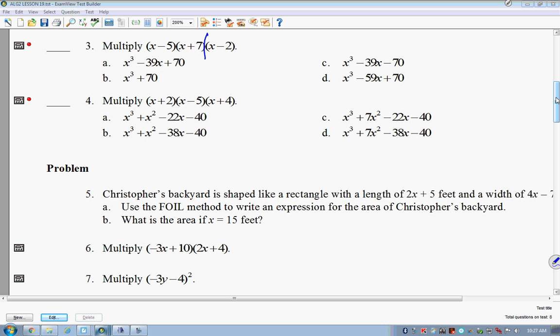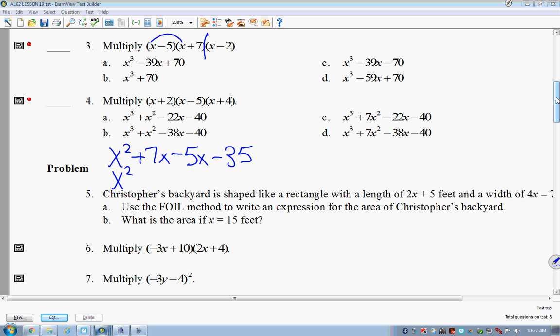What's x times x? I'm going to work it out down here. X squared, all right, so we got x times x. Now we got x times 7, 7x, and we got negative 5 times x, negative 5x, and negative 5 times 7, negative 35. Let's go ahead and combine some like terms.